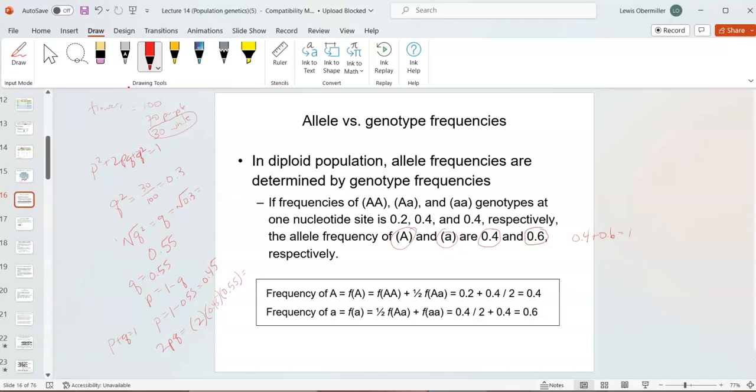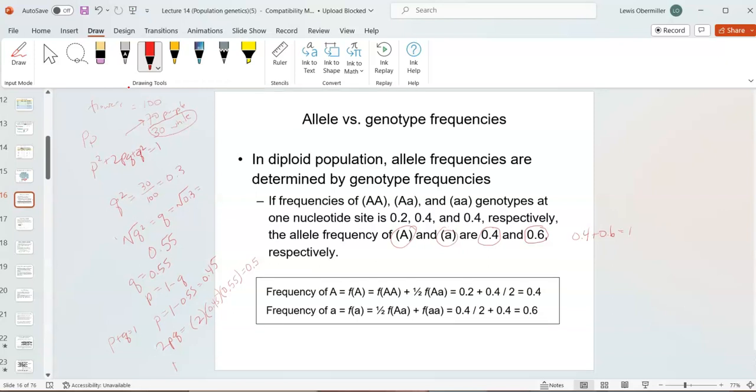That's 49.5%, but I'm just going to call it 50%. So we would expect 50% of that population of flowers to be heterozygous. So half of all of these would be big P, little p.